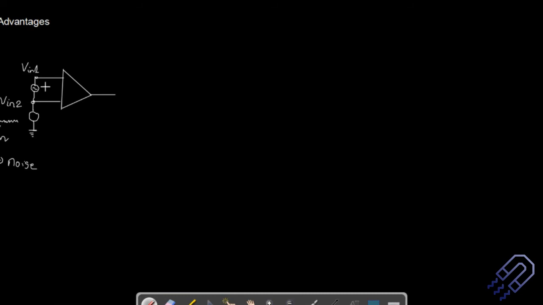Now, in a differential amplifier the difference between these two voltages is amplified, so whatever noise is present here will also be present here. Both of them will have that noise.